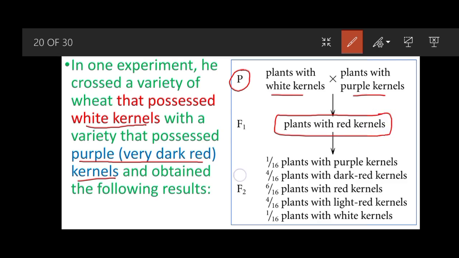In the F2 generation, there are five different phenotypes: 1/16 are purple kernels, 4/16 are dark red kernels, 6/16 are red kernels, 4/16 are light red kernels, and 1/16 are white kernels.